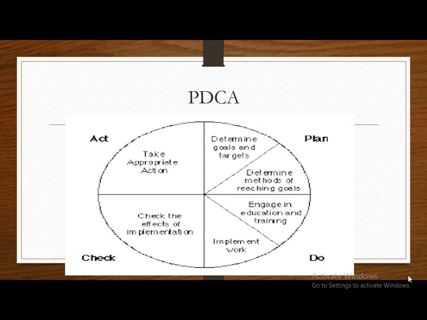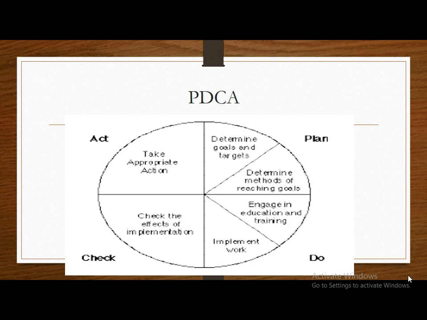Then we have check. In this phase, the implementation plan is monitored to identify the effects of the implementation. If required, countermeasures are performed. And last is act. In this phase, the identified solution is implemented.